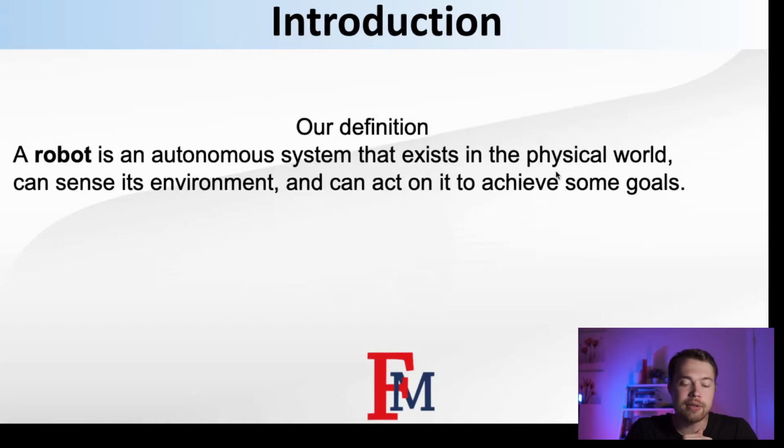Okay, so our definition, which we're going to use for this class: a robot is an autonomous system that exists in the physical world, so not in a computer game, not in the virtual world, not on your phone, but something that exists right here, something you can touch, something tangible. It can also sense the environment, so it has some kind of sensors.